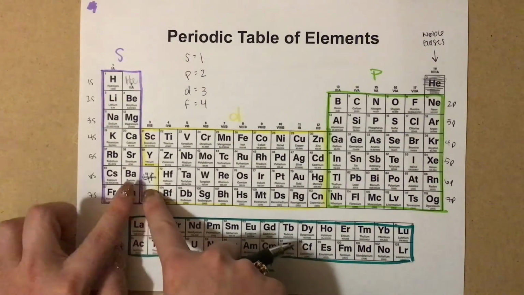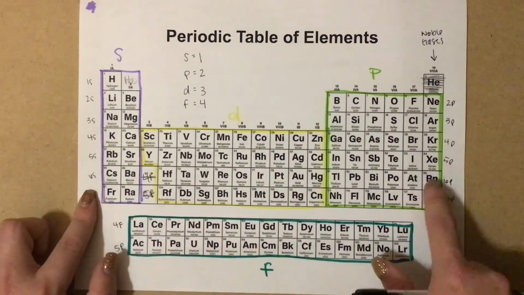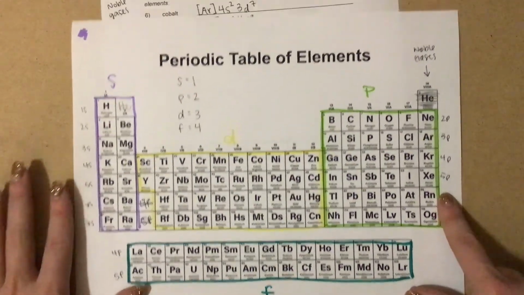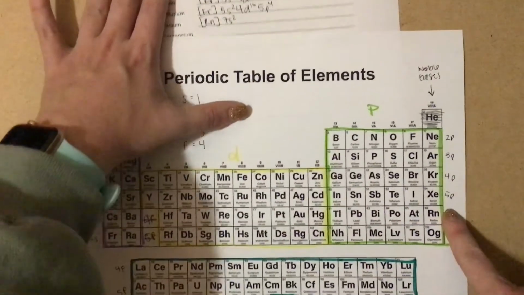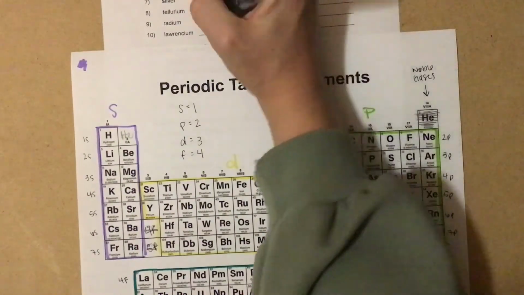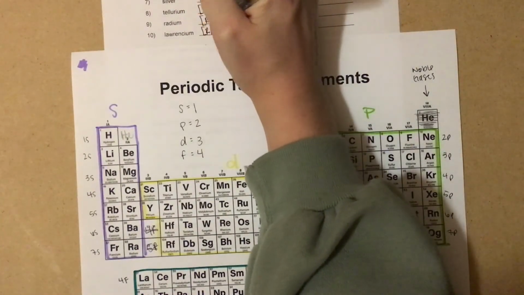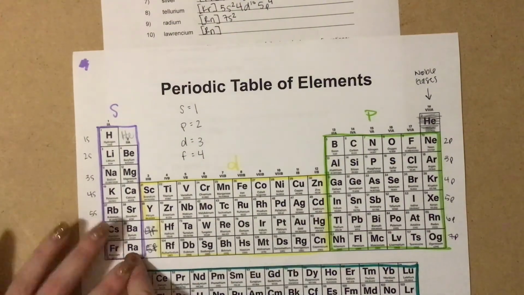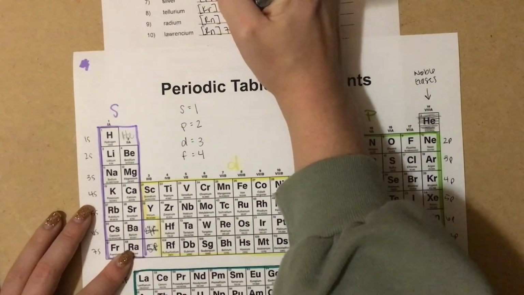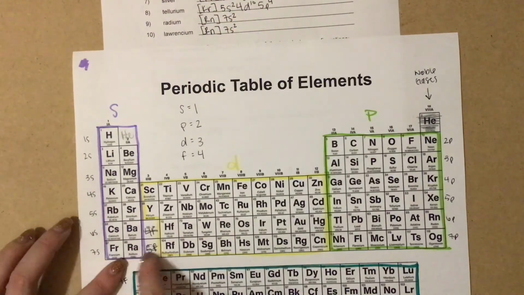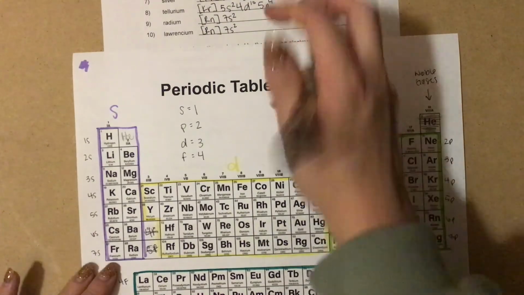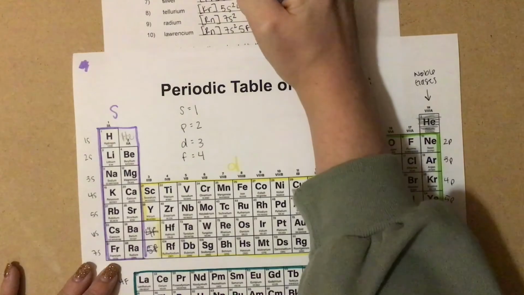So the noble gas that comes before this period is going to be radon. Again, I'm going to put Rn in my brackets. And then I'm going to go to my 7s2. And then I'm going to go into my 5f, all the way down to 14. So I'm going to write 5f14.